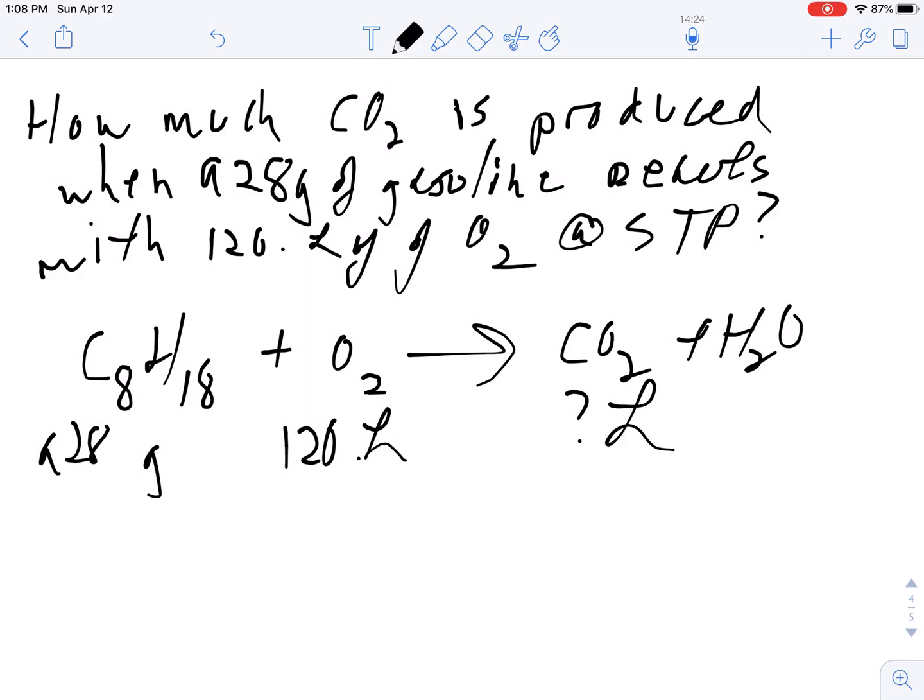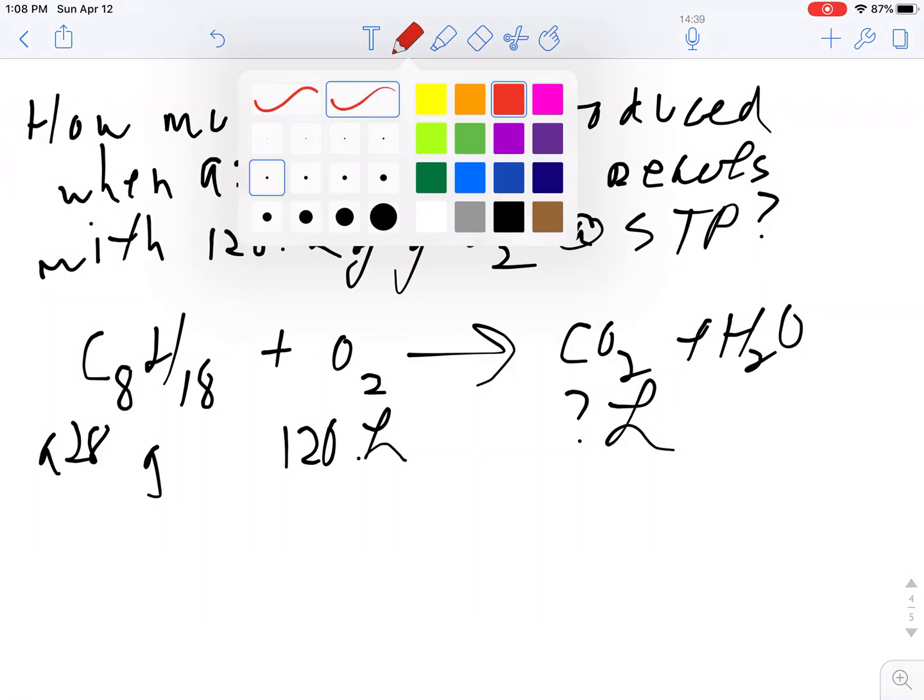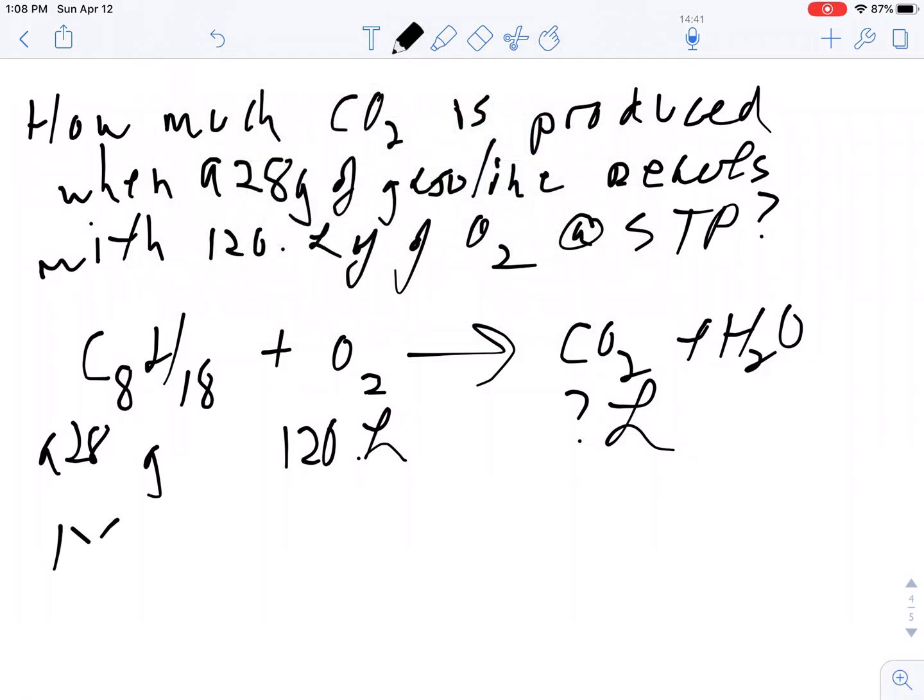So I'm going to have to work out 2 problems to figure out which one am I going to run out of first, the gasoline or the oxygen. Which one? Okay, so let's first start with the oxygen. Okay, so I've got 120 liters.